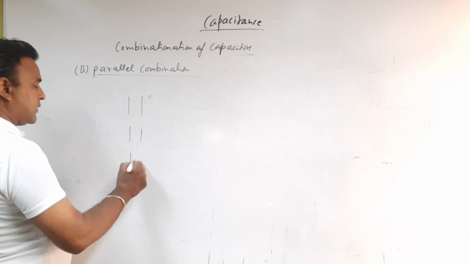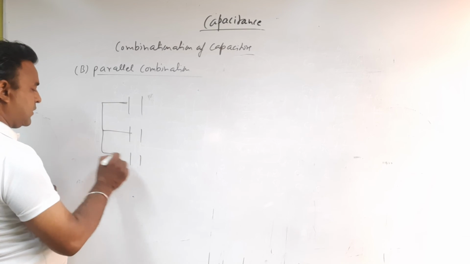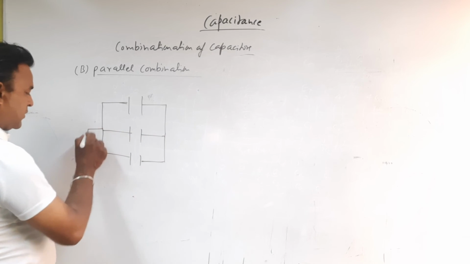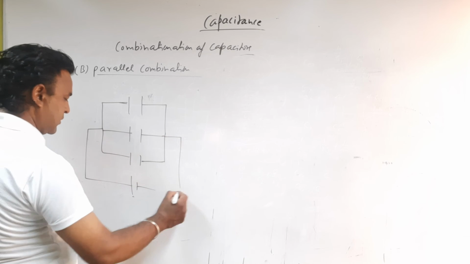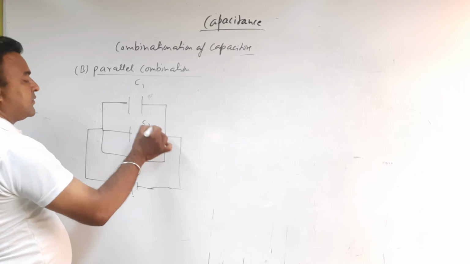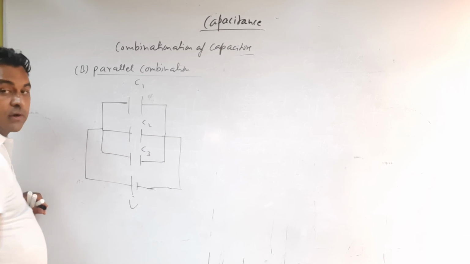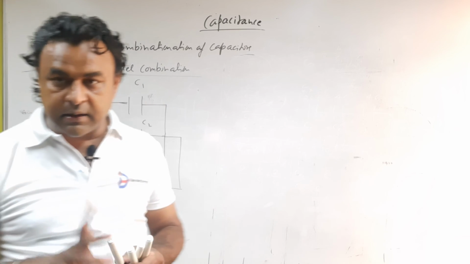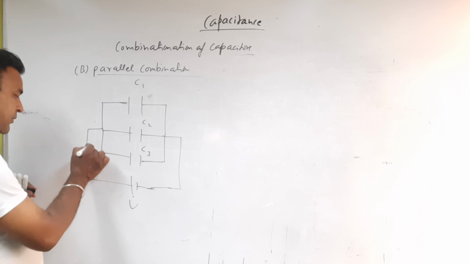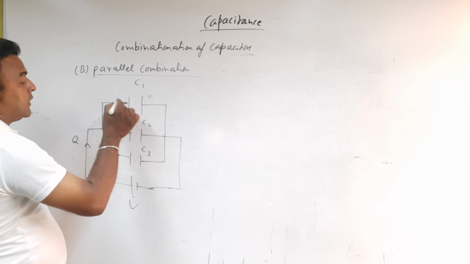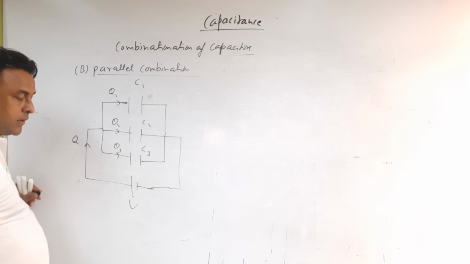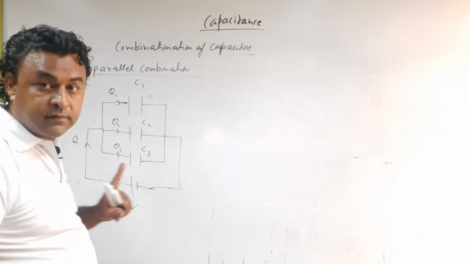Simply like resistances, this is capacitance C1, this is C2, this is C3, this is voltage V. Now in case of parallel capacitance, definitely the voltage across all the capacitors is the same. From here suppose charge Q flows, here Q1 goes, here Q2 goes, here Q3 goes, but the potentials are the same.